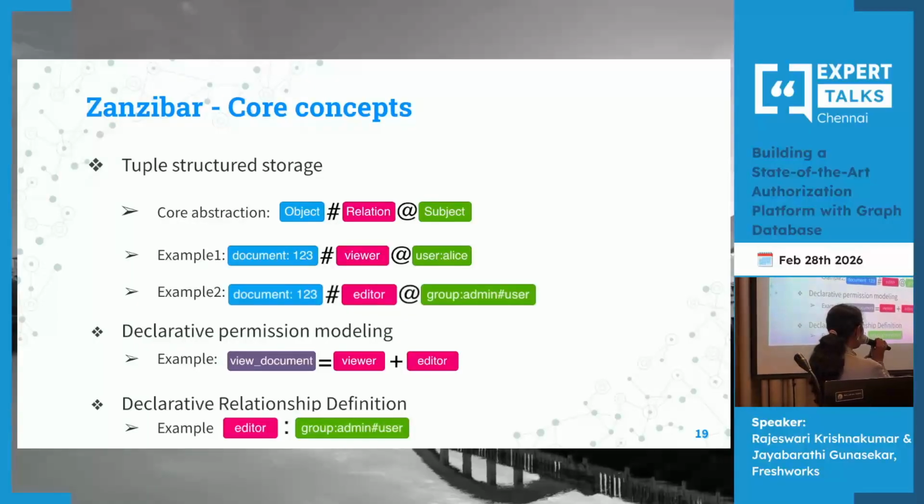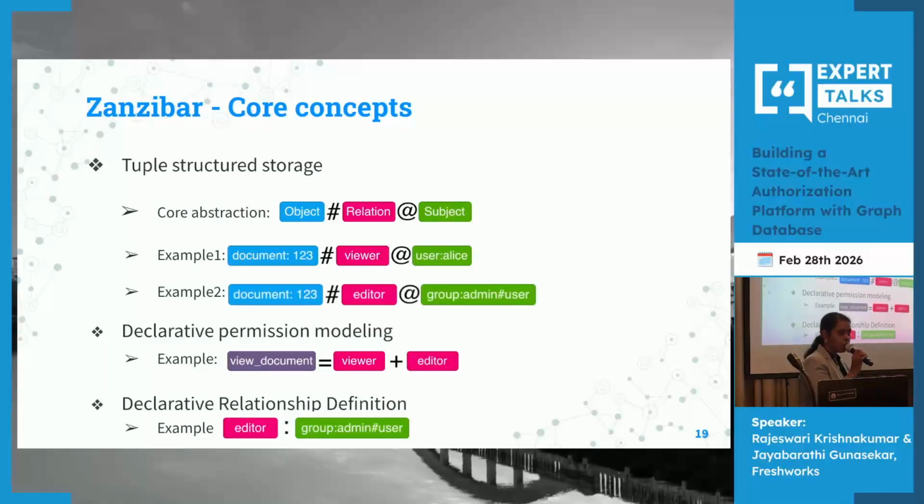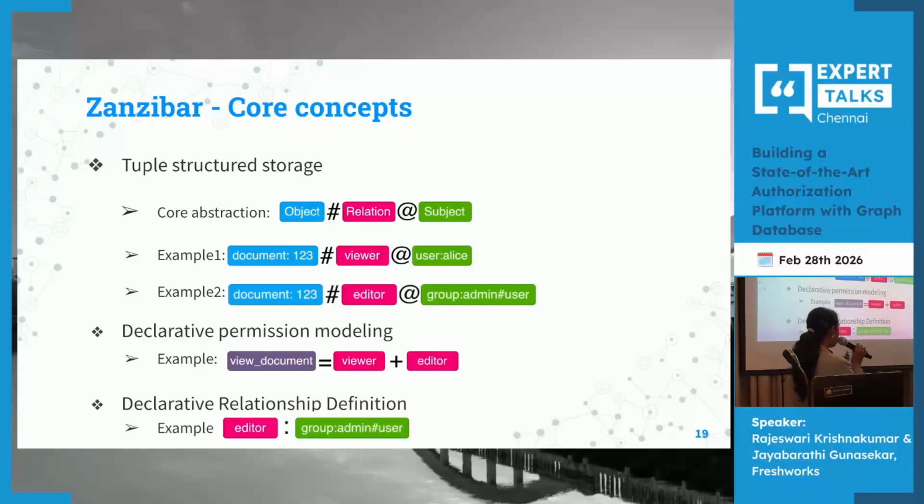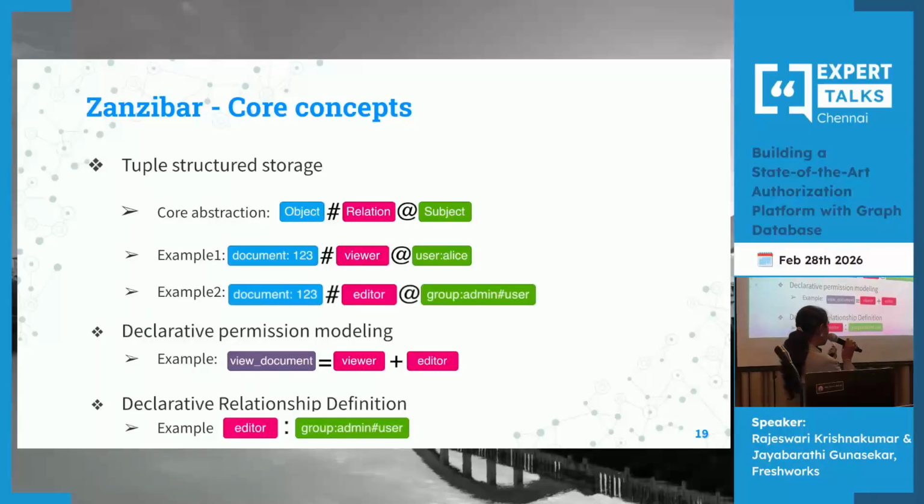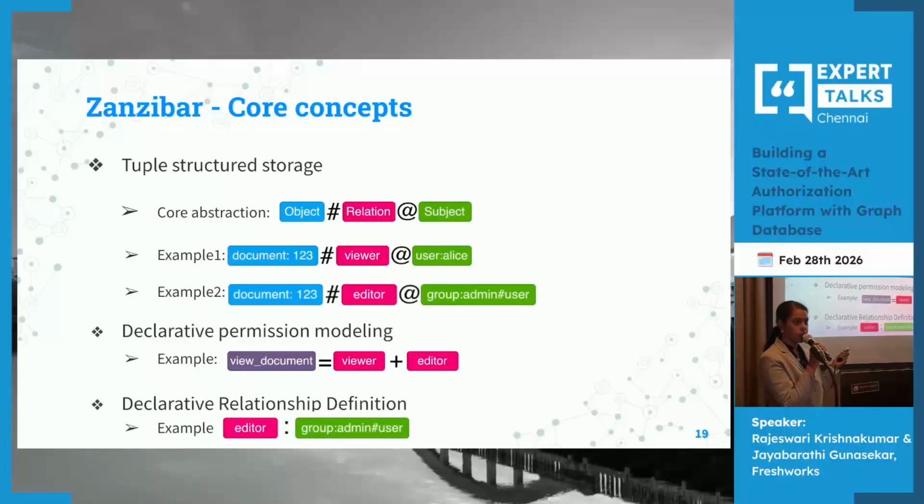And each of these relationships will also be declarative. So it will not be like you can associate anybody with that relationship. So it defines a schema, and in that schema, we specify who can be allowed to add into that relationship. So here we have said for an editor relationship, any user who's part of the admin group will be allowed to have the editor relationship.